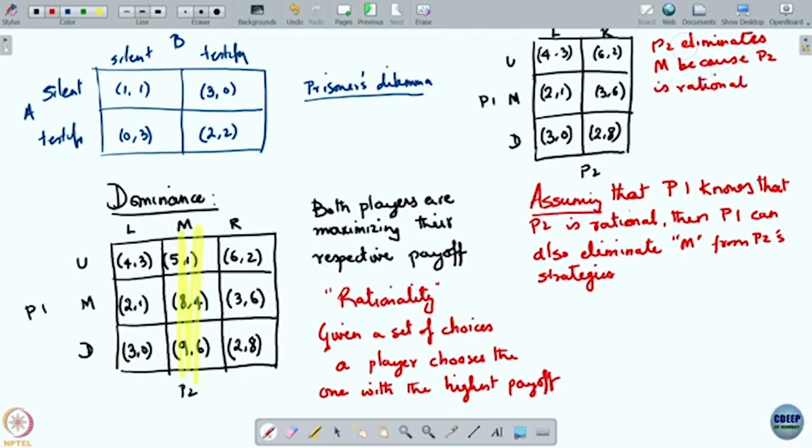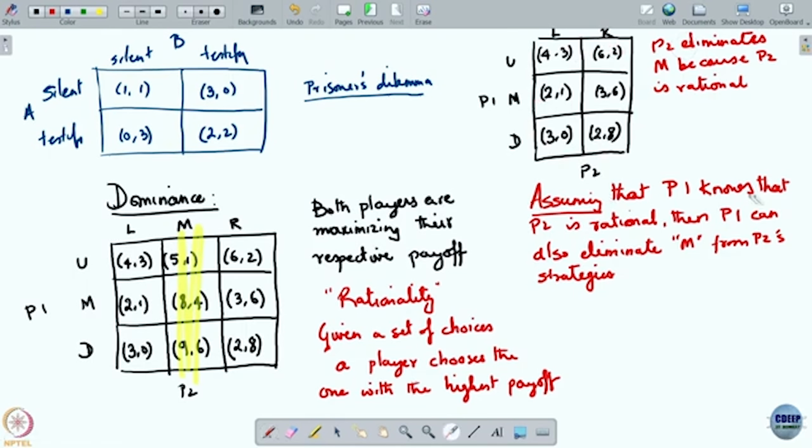Now, if you assume also that player 1 knows that player 2 is rational, then player 1 is also looking at this particular matrix now. This is the 3 by 2 matrix that I have here.